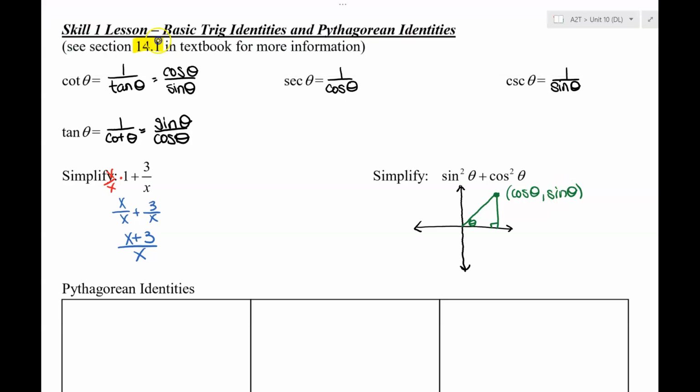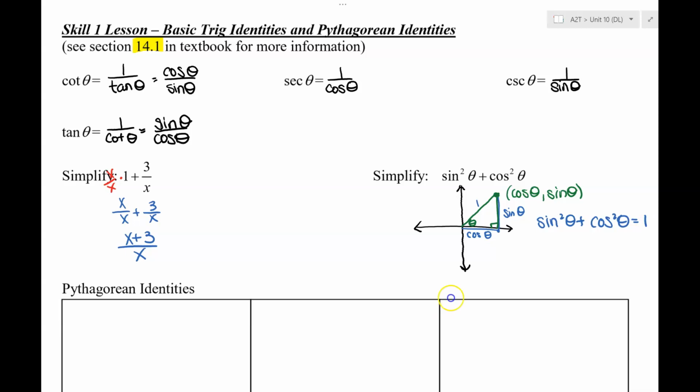And we also know that this is cosine of theta to get here, and then to go up is sine of theta. And then if we're on the unit circle, this is 1, right? So if I am on the unit circle, and I know that I am dealing with a right triangle, can I not then say that sine squared theta plus cosine squared theta is equal to 1?